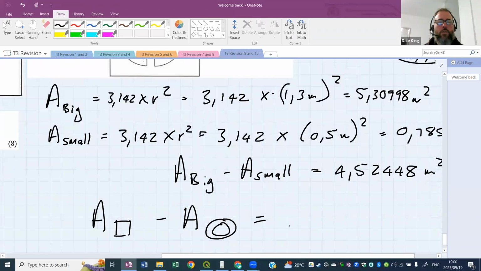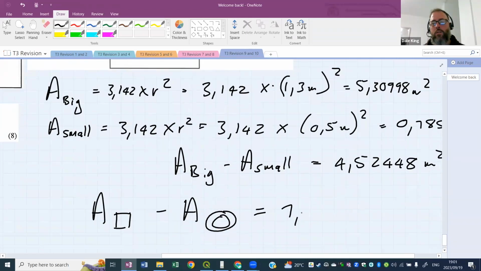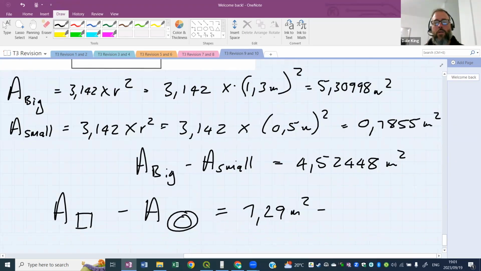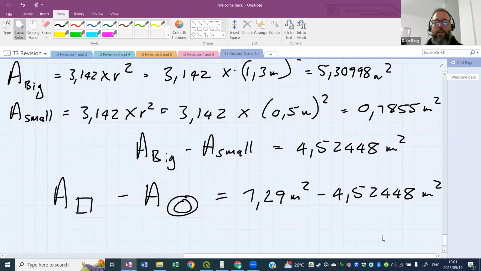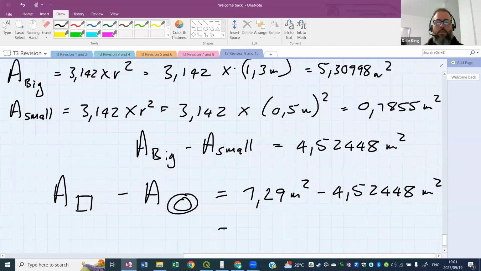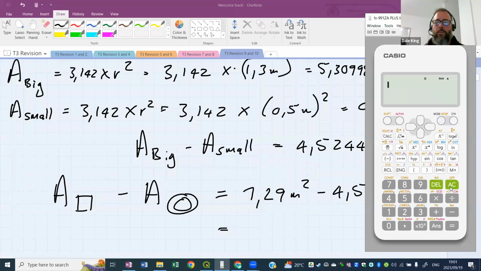So the square is 7.29 meters squared, and we're going to minus this one here. All right, we're going to minus that, and I don't think we're going to get what they've got, but we're going to get something.